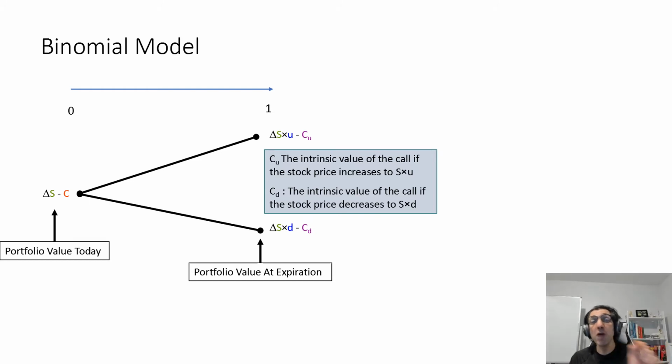That's why you are saying minus CU or minus CD. So anyway, you want just to have lower stock price. That's why you are actually writing or selling the call option. So this is the value of the portfolio at expiry under two possible scenarios.